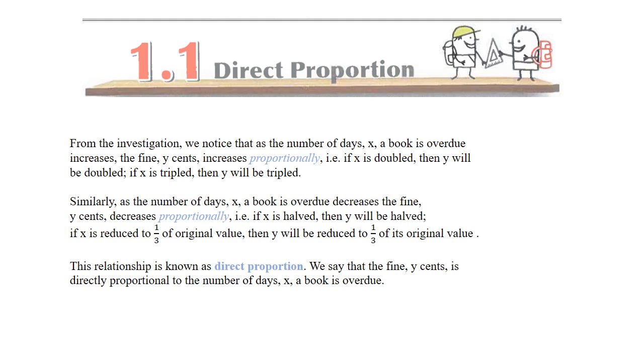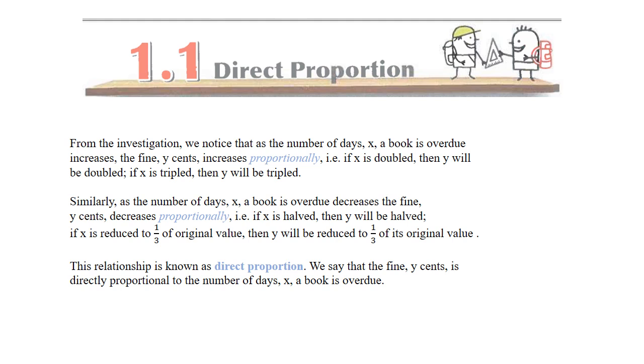So this kind of relationship, that if one variable increases, resulting in the increase of the other variable, like in this case we have the number of days and the quantity of the fine. Similarly, if we decrease the days, it also decreases the fine.